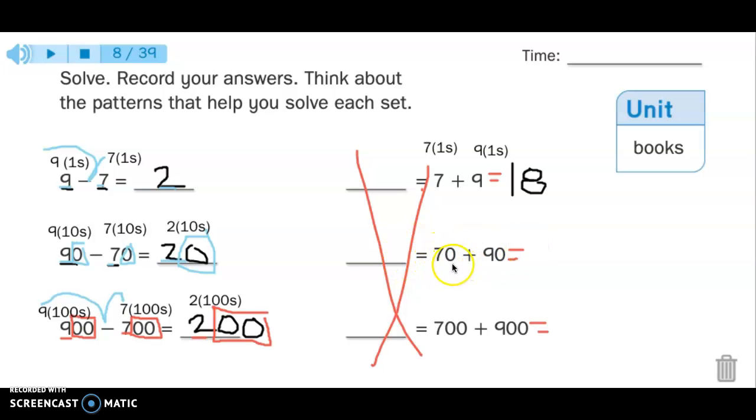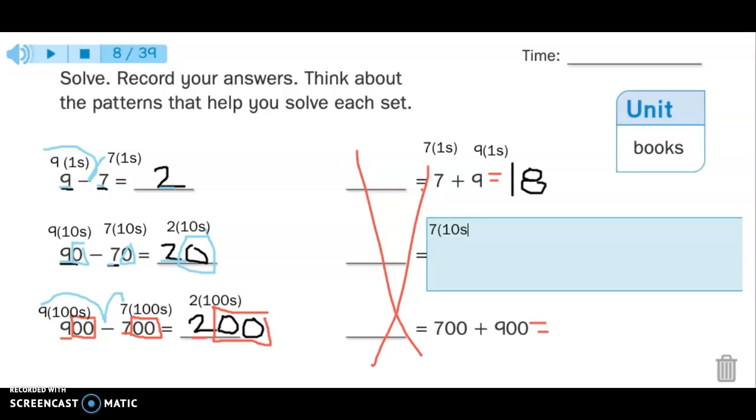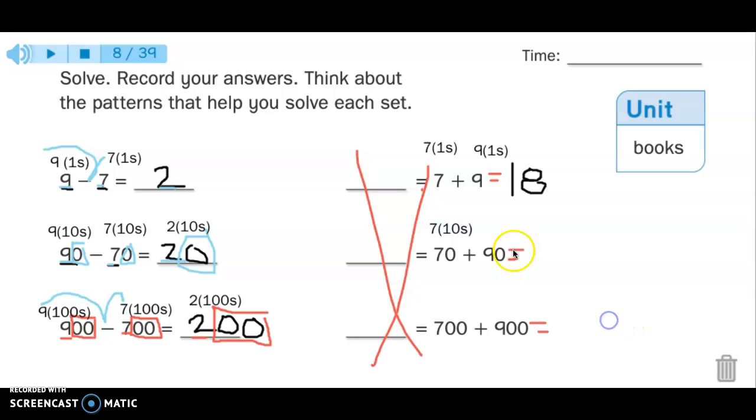We have 7 what? 7 tens, right? Because we're talking about 70. And what do we have over here? We have 9 tens. Because if I count by 1 7 times, I get 7. And if I count by 1s 9 times, I get 9. If I count by 10 7 times, I get 70. And if I count by 10 9 times, I get 90.